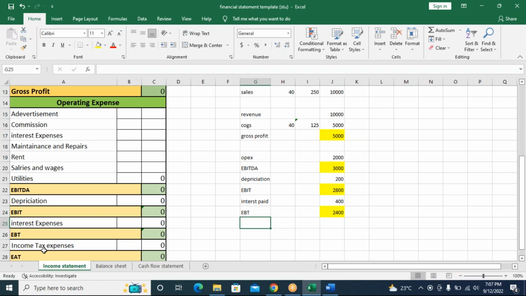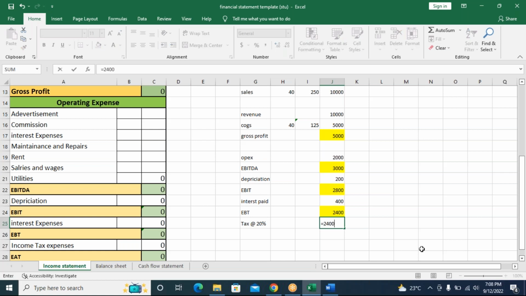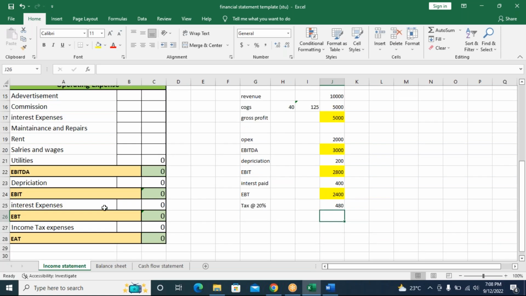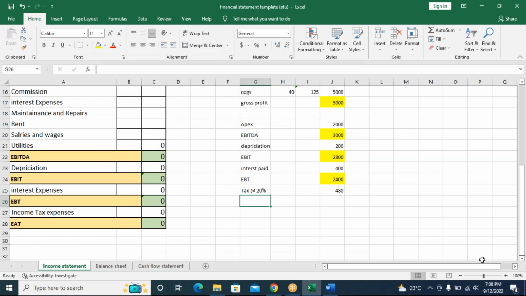So now I am telling that tax, the income tax expense that I am paying, I will take as 20%. So it will be 2400 into 20%. It is 480, isn't it? So now what will be remaining for me?